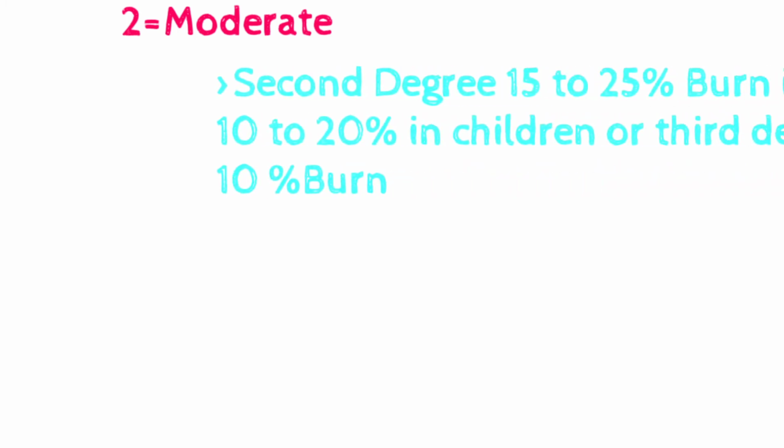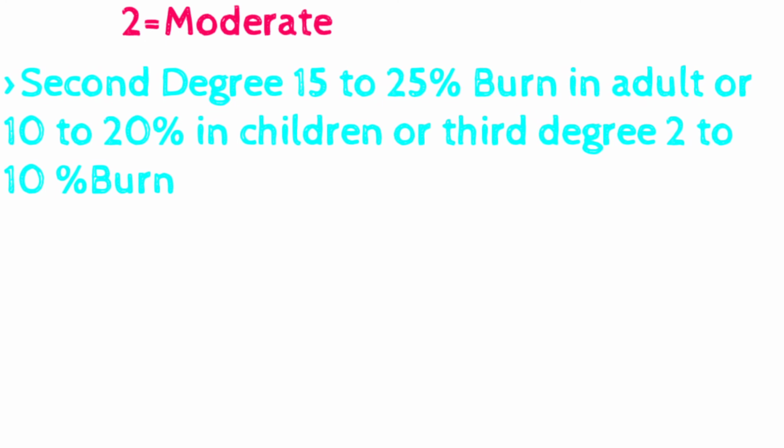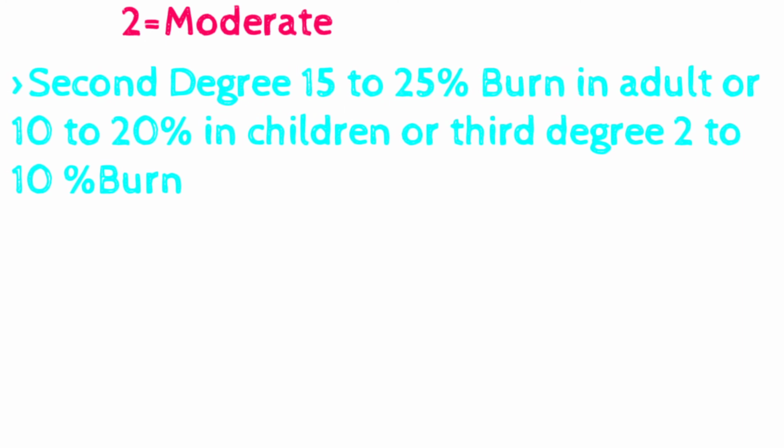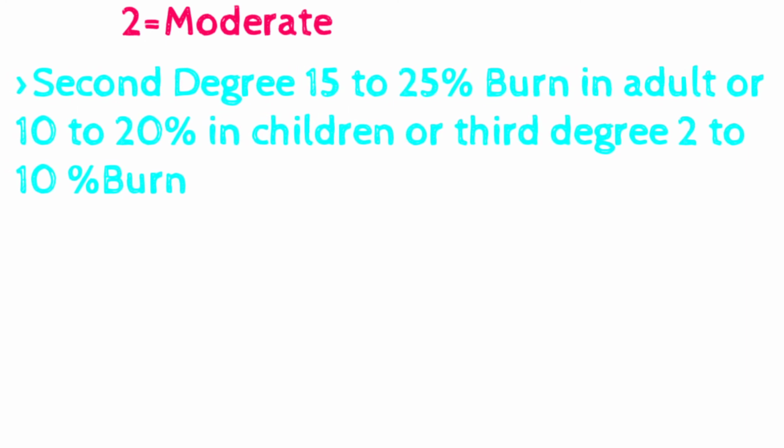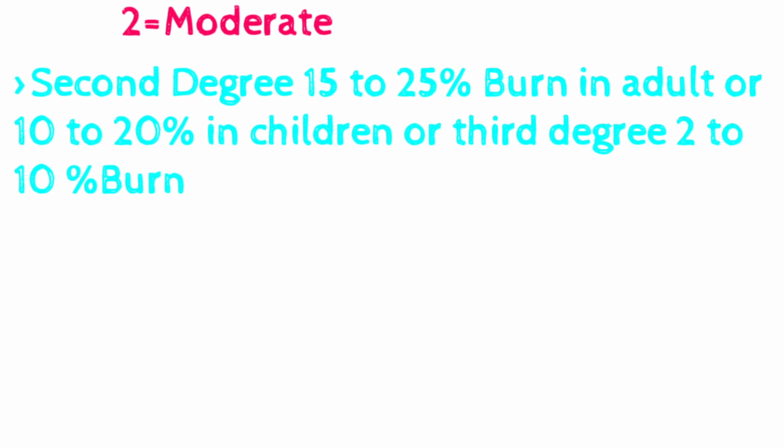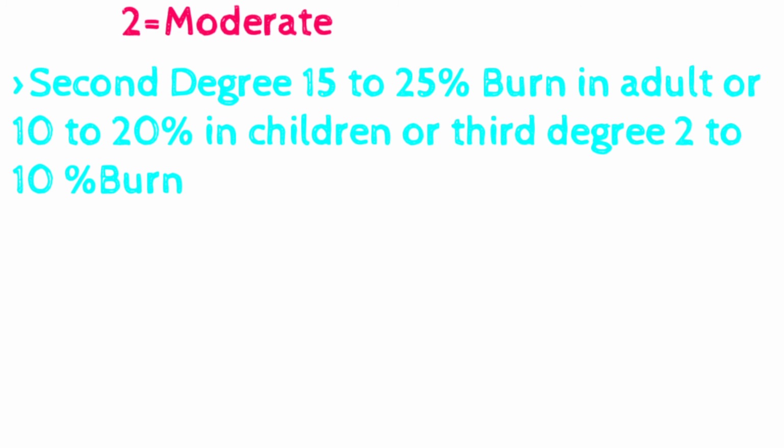In moderate, there will be second degree burn of 15 to 25% in adults or 10 to 20% in children, or third degree burn of 2 to 10%. This is called moderate.